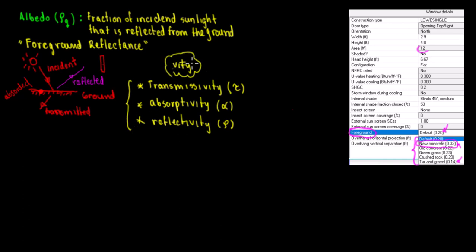The other one is called emissivity too. That's the extra one, and it's represented by epsilon.